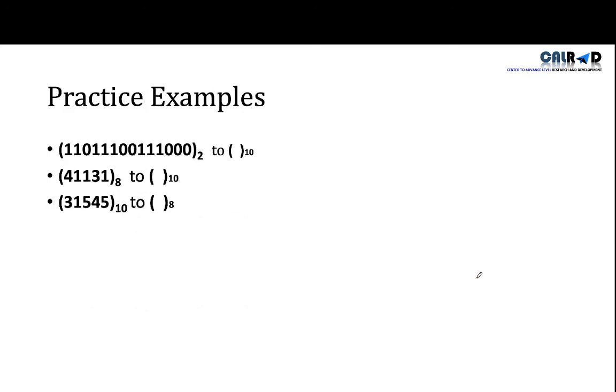These are some practice examples, and I will not recommend any specific examples from the books or any notes, because you know the method of how to convert, and here are a few practice examples you can do. Like the first one is from binary to decimal, and from octal to decimal, and from decimal to octal.